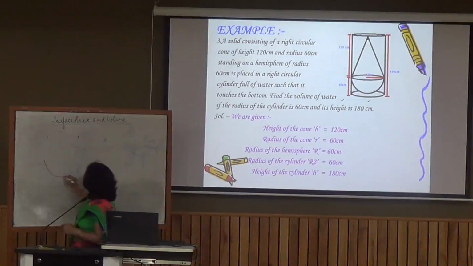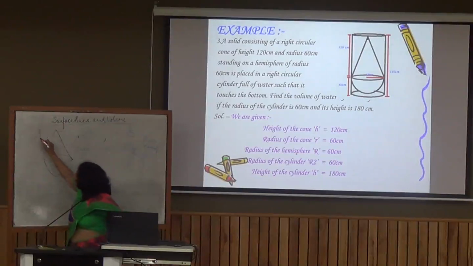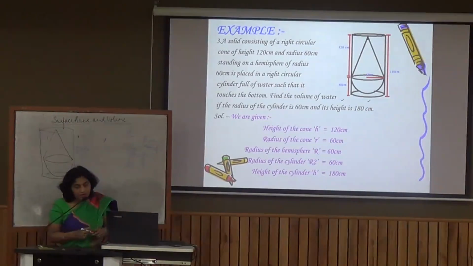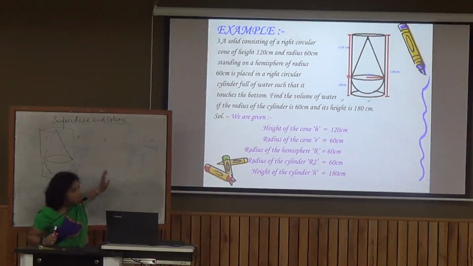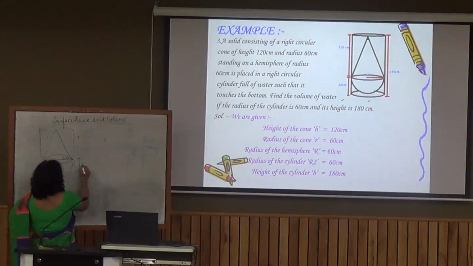There is a right circular cone which is over a hemisphere and it is put inside the cylinder. You can also see the figure over there. So the height of the cylinder and the total height of this combination of solid is the same. Whatever is the radius of the hemisphere is the same as the height of the hemisphere.